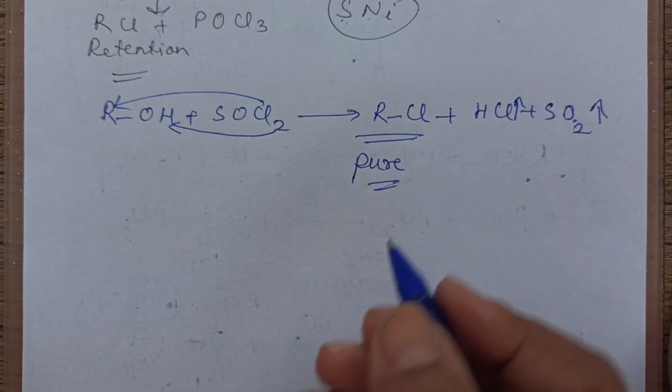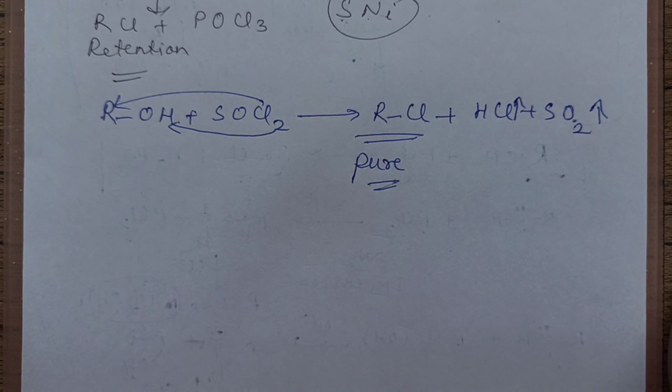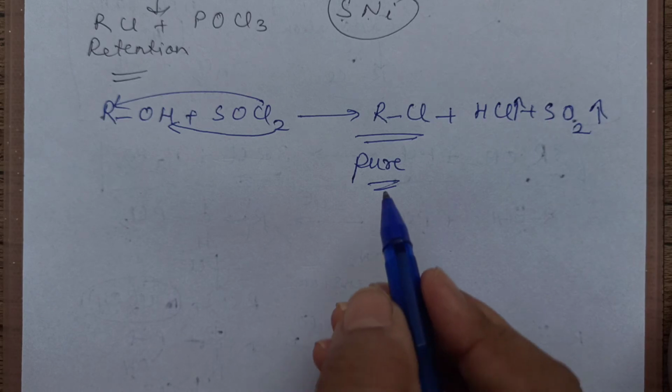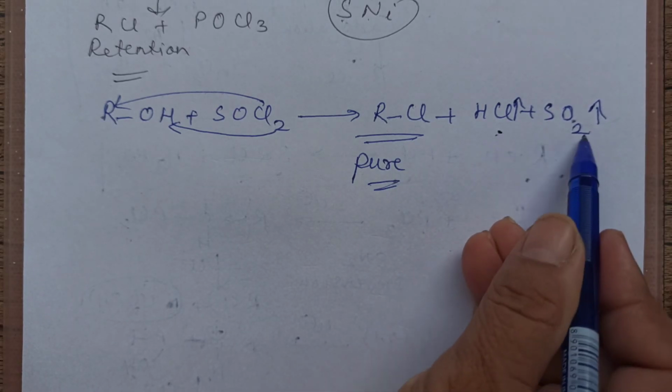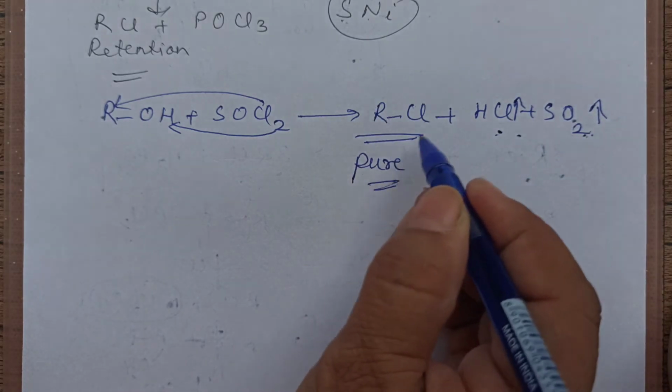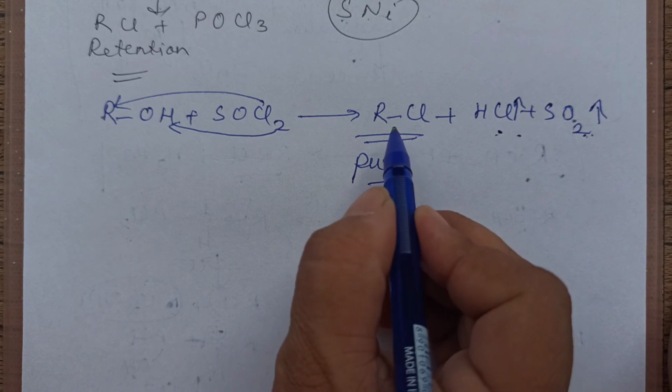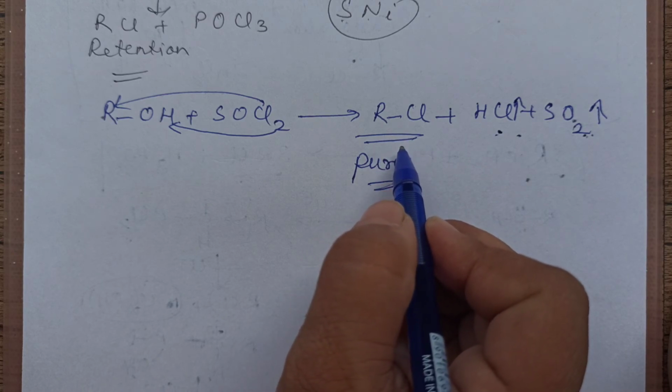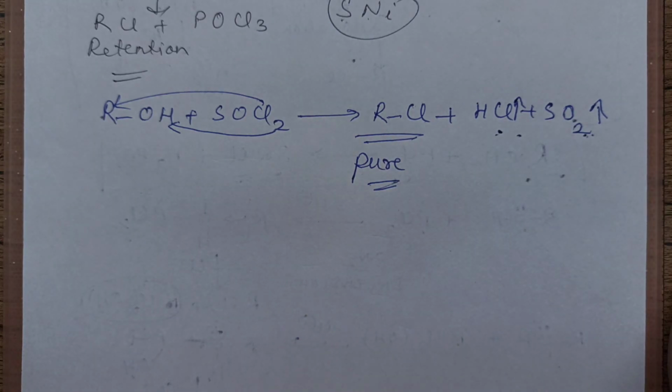As per board exam, this is an important reason question asked: preparation of alkyl halide from thionyl chloride is a preferred reaction. Why is it preferred? You will write, because in this the remaining 2 products are gases. They escape out, so whatever we are left over with is pure alkyl halide obtained, right?